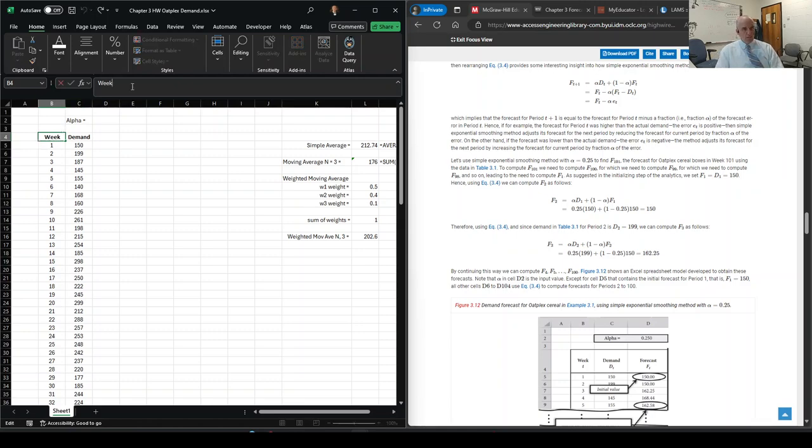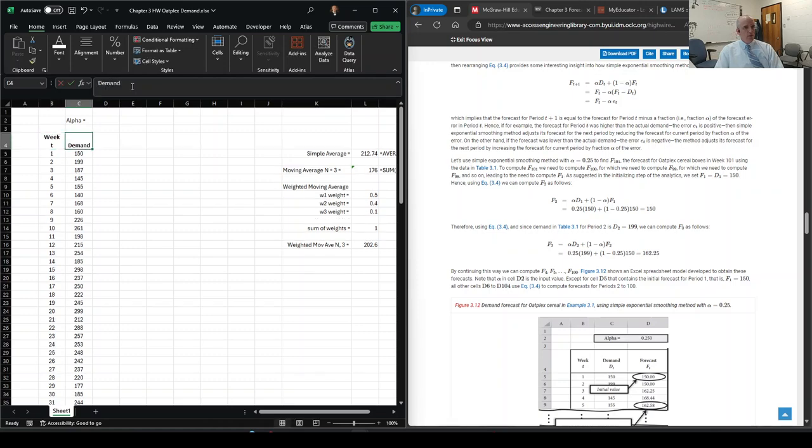In fact, I'll just go ahead and put in some language that the book uses. Demand is going to be DT, and then forecast, and we'll put a T there too, or excuse me, FT there too. Okay, let's see, we'll line this way.